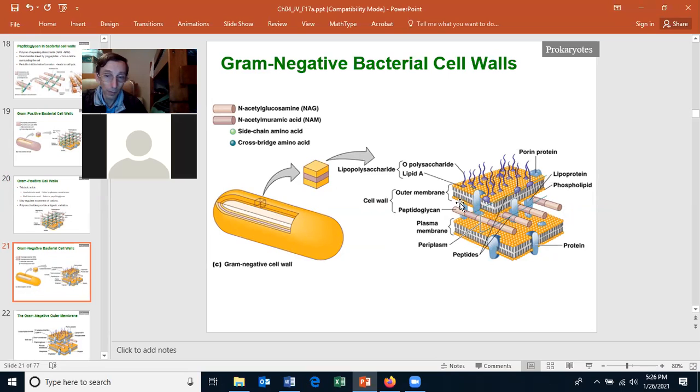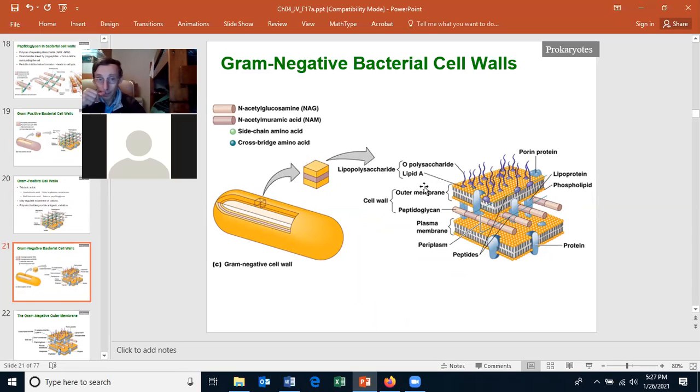The lower bilayer of the outer membrane is mainly phospholipids. It does have other molecules in it, mainly proteins, like the porin protein. But the outer bilayer of the outer membrane of the cell wall is different because, yes, it does have phospholipids, all the yellow molecules in here, but it has the blue molecules, which contain lipid A, and attached to that lipid A is an O polysaccharide, and so this molecule is a lipopolysaccharide.